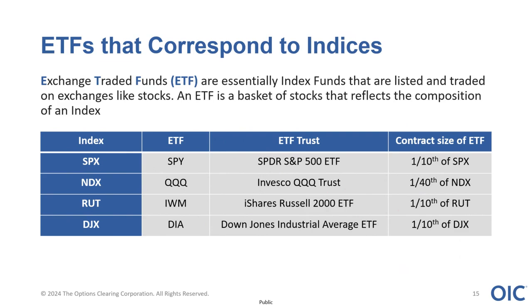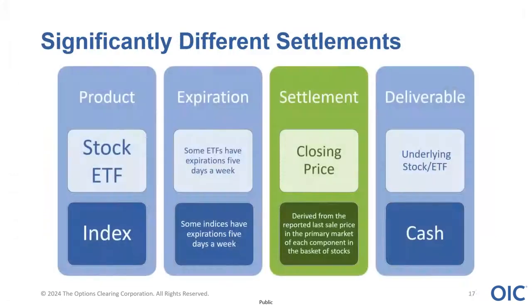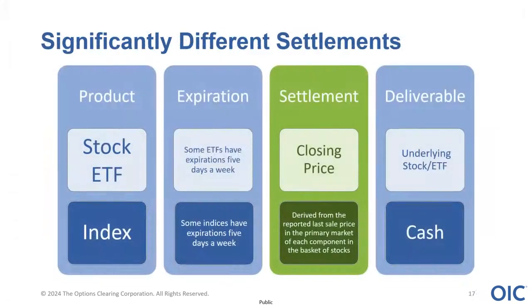Talk about cash versus physical settlement, because this is a big difference, especially in the index. Significantly different settlements here between cash and physical settlement and between ETFs and indexes. Start with the ETFs. On the product side, you have these stock ETFs that look a lot like stocks and act an awful lot like stocks as well.